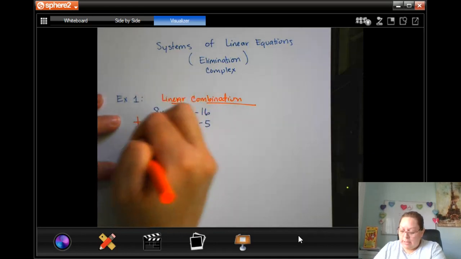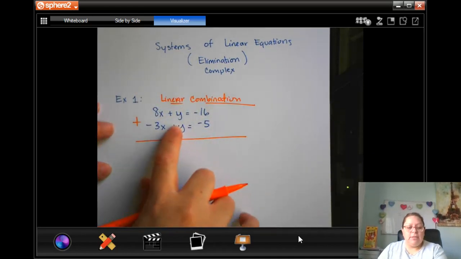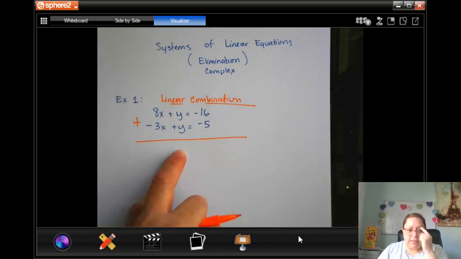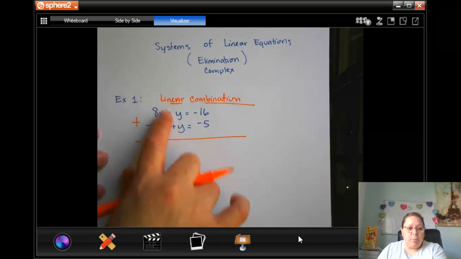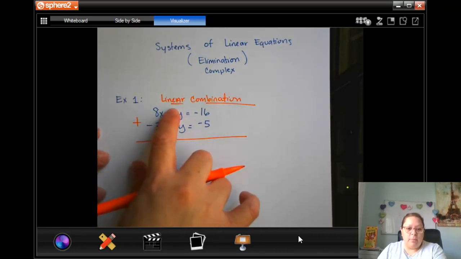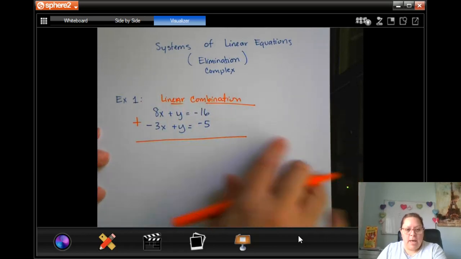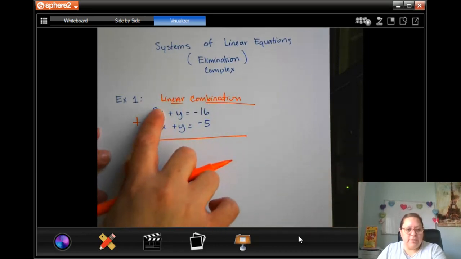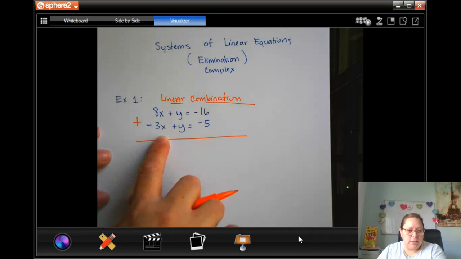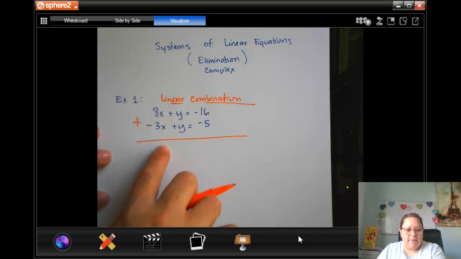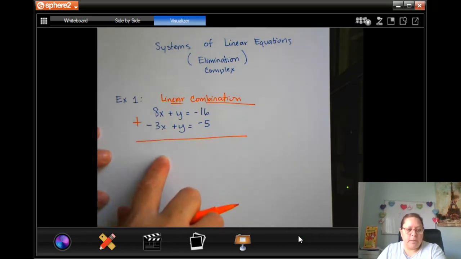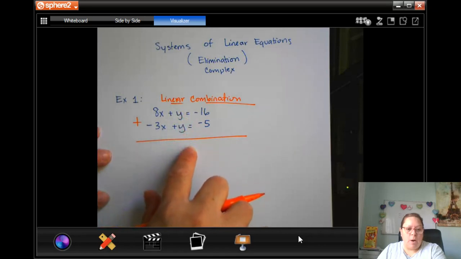So we're going to add them up. Typically, when we did the simple ones, if we put them together, one of the variables completely eliminates. However, if we look at this one, when we add these, we get a 5x because we're subtracting. And then right here, we get a 2y.